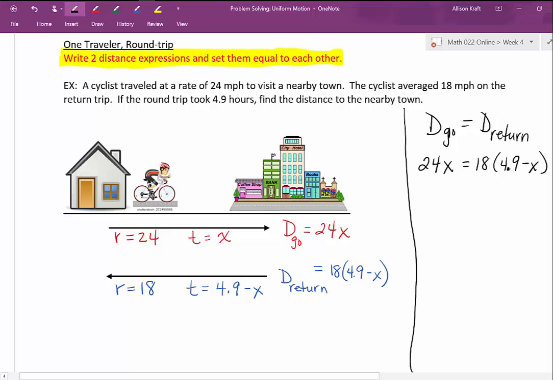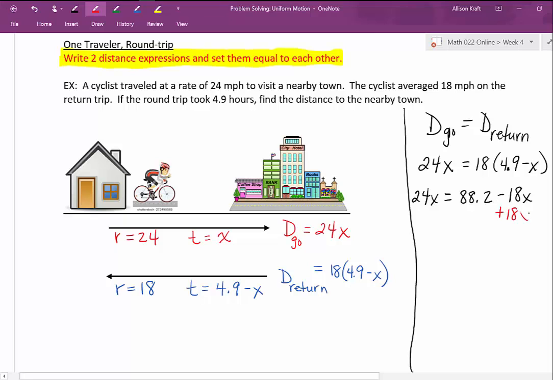To solve this equation, I need to distribute on the right. 24x is equal to 88.2 minus 18x. I notice that all my constant terms are collected on the right, therefore my variable terms need to move to the left.